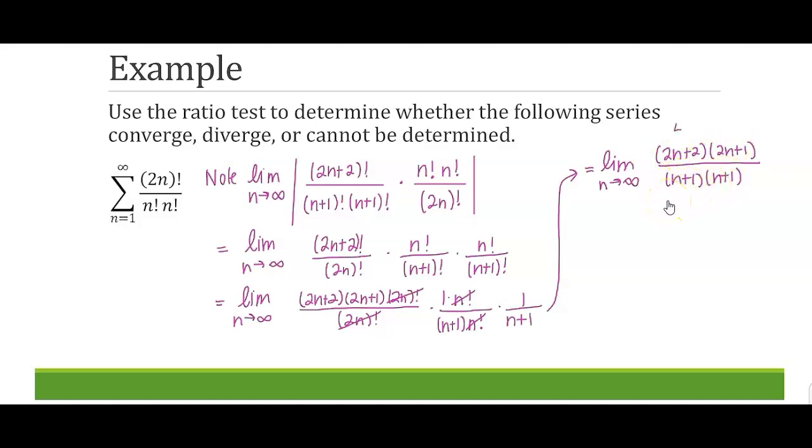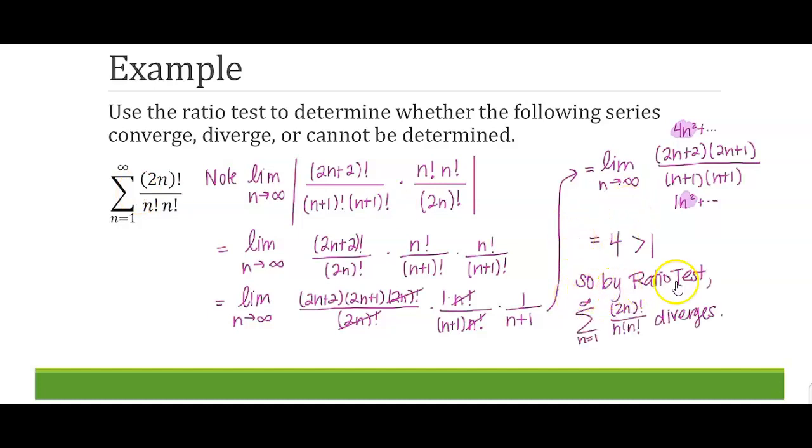On the top it would end up looking like 4n squared plus, I don't even have to worry about the terms that have a lower power, and then here I'd have n squared plus some other terms. The bottom line is that if I think about end behavior, I end up with just the leading coefficient 4 over 1, so this is equal to 4. And since this is greater than 1, the ratio test tells us that this series diverges. And we finish writing out our conclusion.